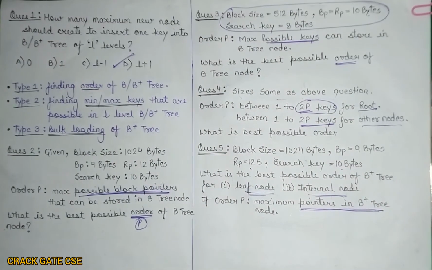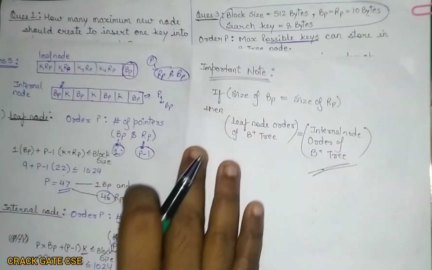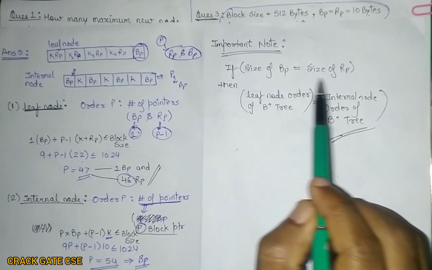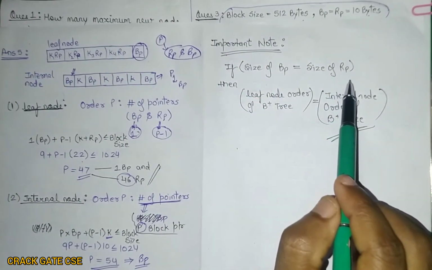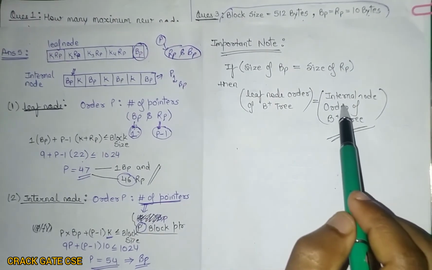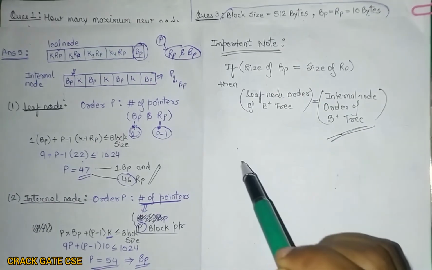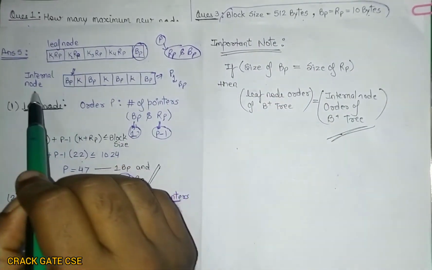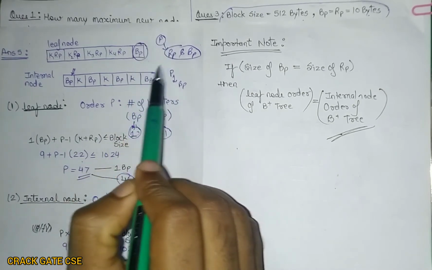And there is one important note that I need to discuss with you: if the size of the block pointer is equal to the size of the record pointer, then the leaf node order will be equal to the internal node order of the B plus tree. Because in this particular question you can see that in the leaf node and the internal node we are having p block pointers.